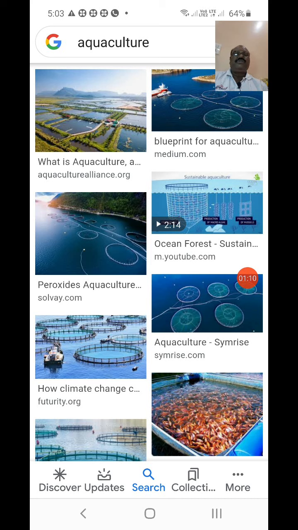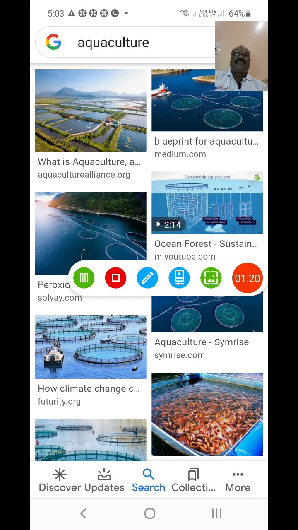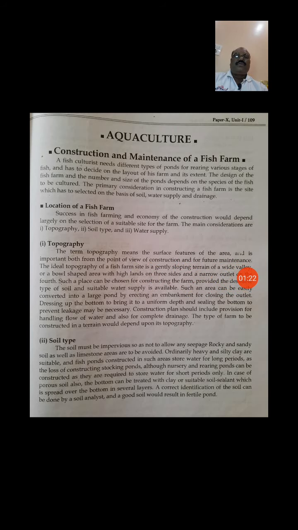So this is a very short history. And in the stocking pond, the fishes are now harvested for marketing. But this is not so easy a process.